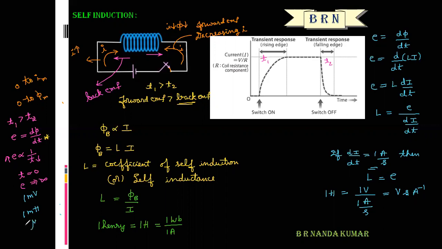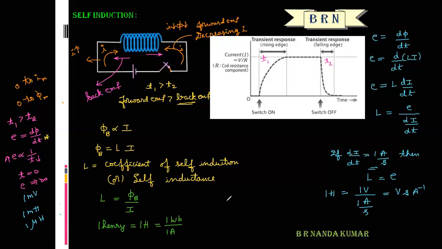What is the meaning of microhenry? When 1 microvolt of EMF is induced in a coil when the rate of change of current flowing through the coil is 1 ampere per second, then the self-inductance of the coil is said to be 1 microhenry.